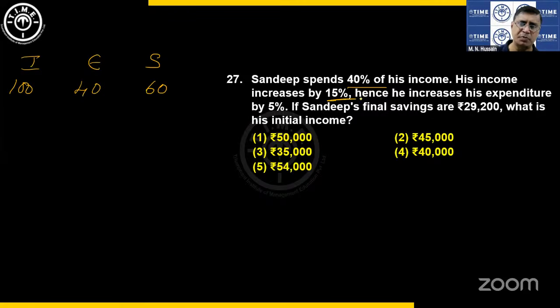His income increases by 15%. Now the income becomes 115% of the original. And he increases his expenditure by 5%. Previous expenditure 40, increases by 5%.